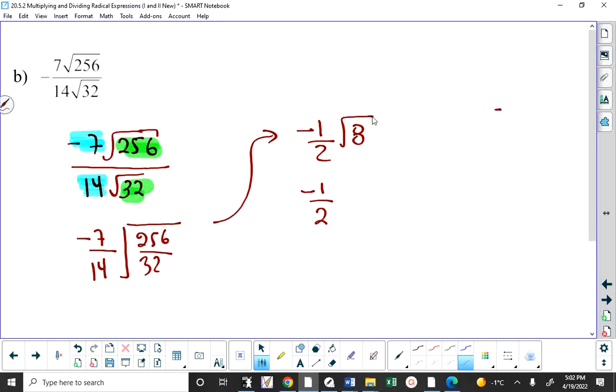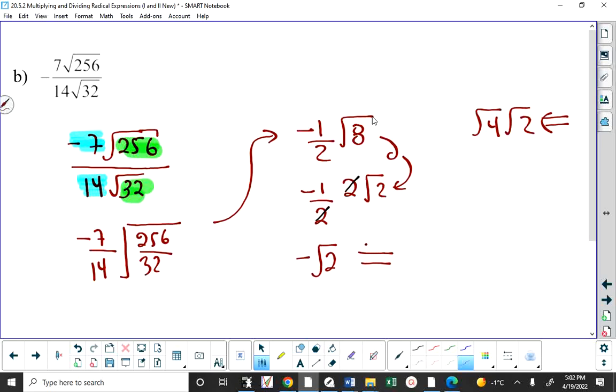Well, I mean, root 8 is root 4 root 2, which is 2 root 2. I think many of us will just know that root 8 is 2 root 2 without having to write this thing down every time. Anyway, now we have a coefficient of 2 on the top and the bottom, which can cancel. So our answer to this question is negative 1 root 2. And you certainly don't need to write the negative 1. This is the answer.